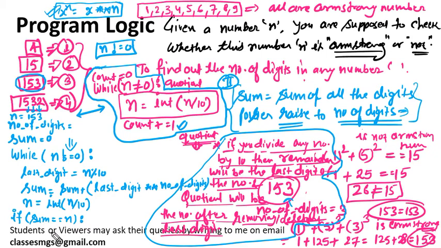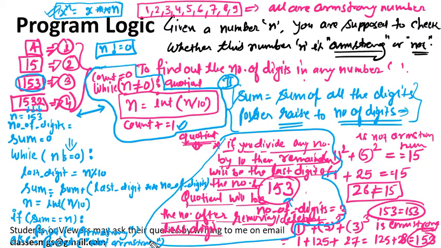And at the last you will check if sum equals to n, then you will print Armstrong number. Otherwise, else, in this case you will print not Armstrong.